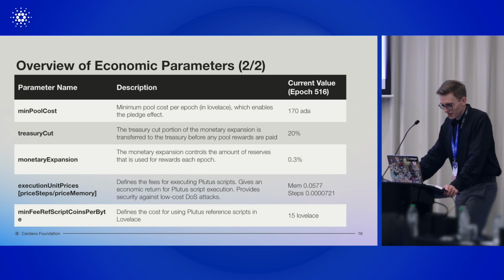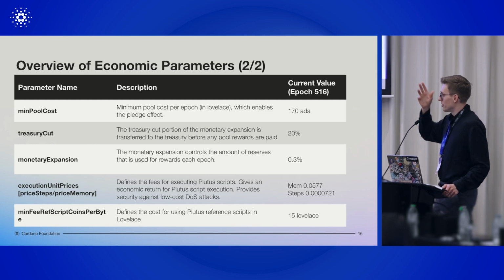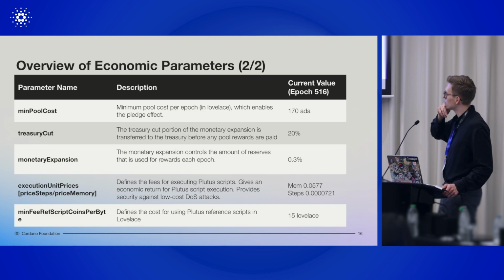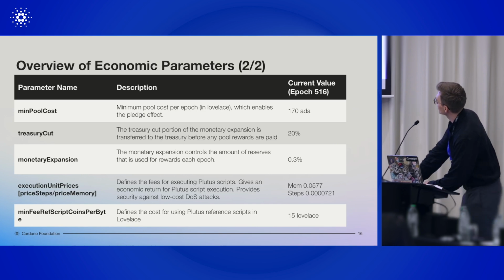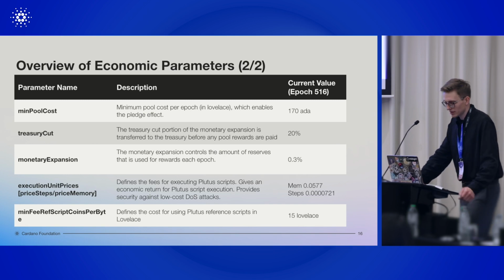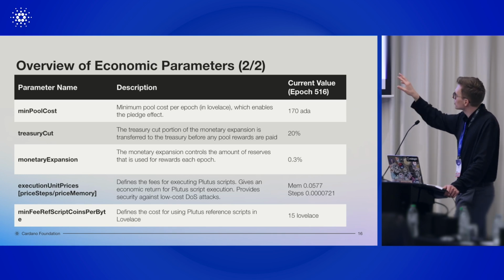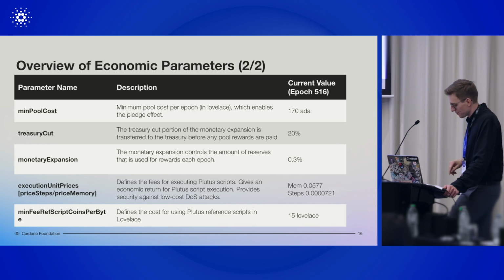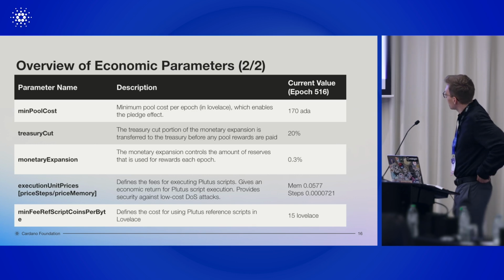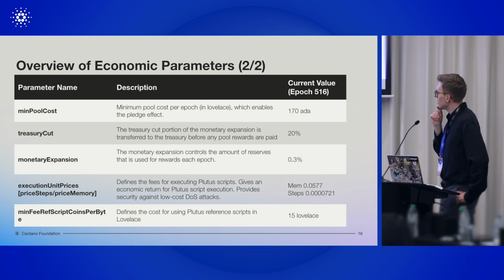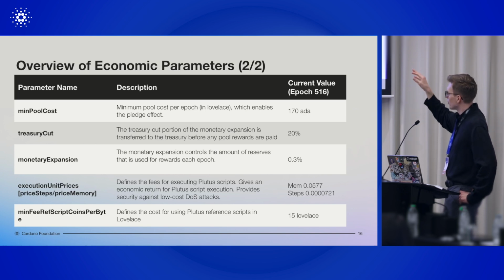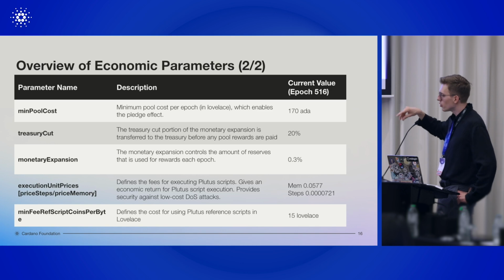And now they're all interesting, but I just want to emphasize the next ones are very important. The treasury cut, a governance and economic parameter, which is the treasury cut portion of the monetary expansion. Let me take a step back and explain that with the monetary expansion parameter. This 0.3% is not the amount, it's the percentage that flows out of the reserves.